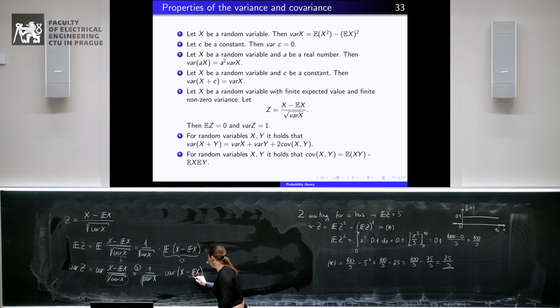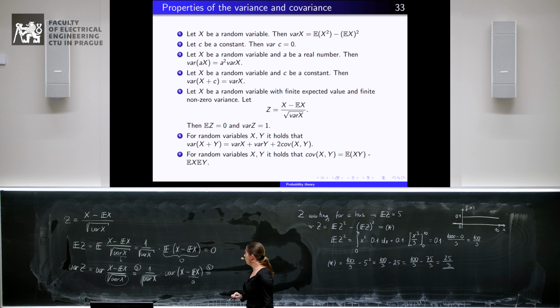But EX is the expected value of x and it is a constant. So from property 4, we get that it is equal to the variance of x, and you can see that it is really equal to 1.